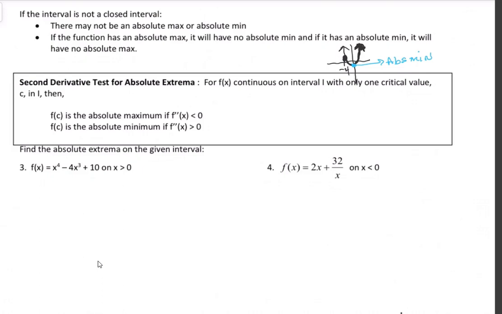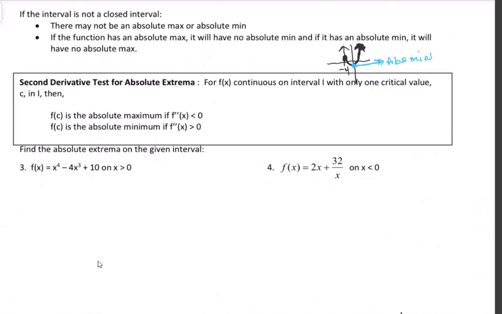Notice in this drawing that I made, this graph is concave up, so that lowest spot was an absolute min. Now what tells us about concavity is the second derivative. So we're going to use this second derivative test to tell us whether the critical value we're looking at is an absolute max or an absolute min.